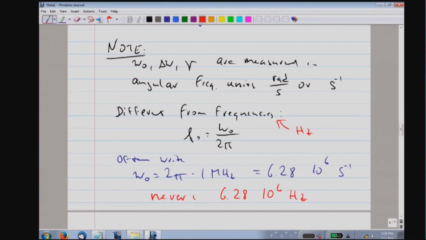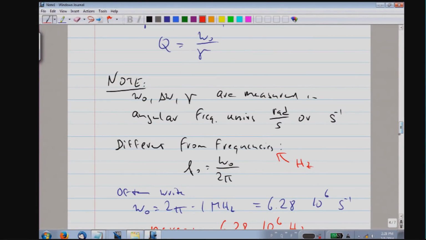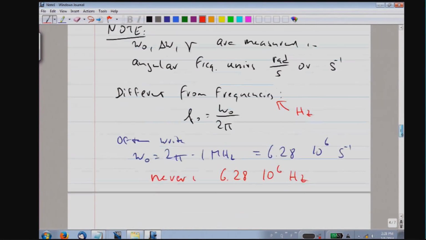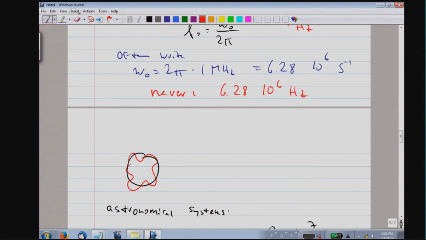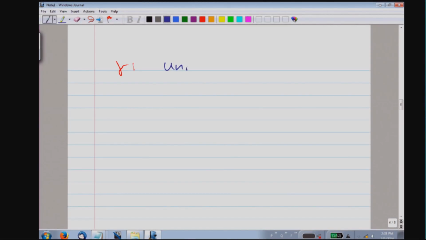Finally, there is the question about gamma. So what are the units for gamma?